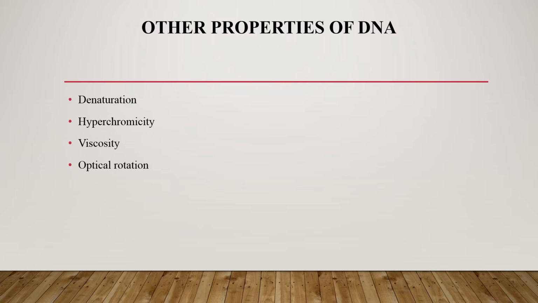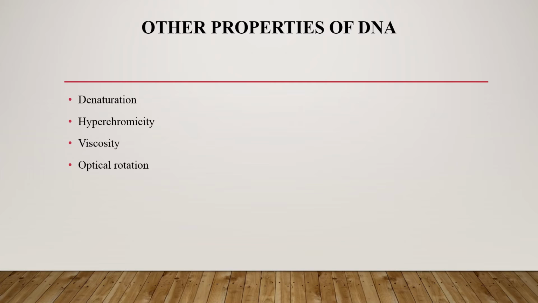There are some other properties of the DNA molecule. First is denaturation. If we increase the temperature of DNA molecules, both strands of DNA separate from each other, and if we decrease the temperature, then both strands of DNA bind with each other again. Then hyperchromicity.